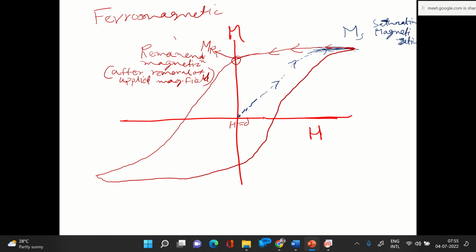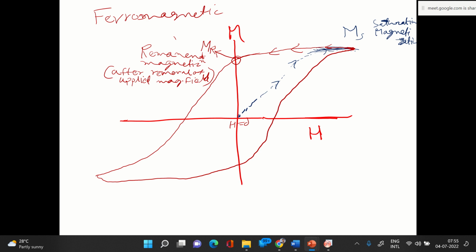This is the characteristic of a ferromagnetic material: initially when you prepare a small ferromagnetic material, it will have randomly oriented spins, but once it is put in a magnetic field, it will undergo this kind of change. A saturation magnetization will be achieved at a certain value, and when you reverse the direction and decrease the magnetic field gradually to zero, even then there will be some magnetization left.